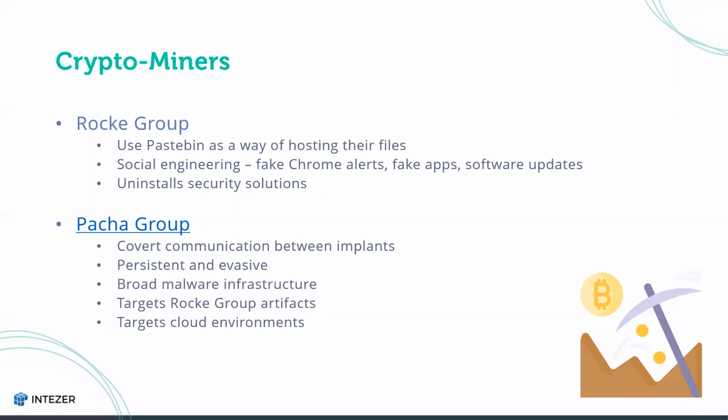The infrastructure that Patcha Group has is huge. When they compromise a system, maybe 15 binaries are deployed within one compromised system. So uninfecting a given compromised system is really, really hard.